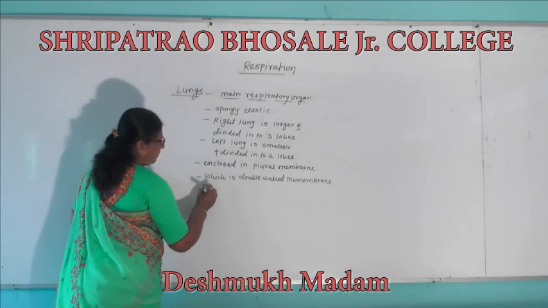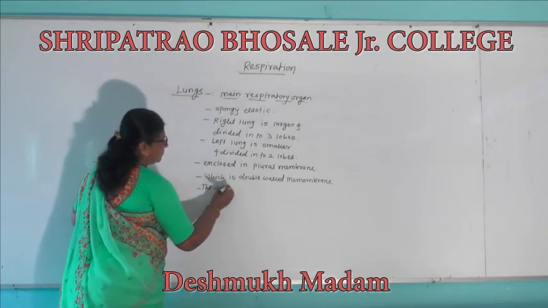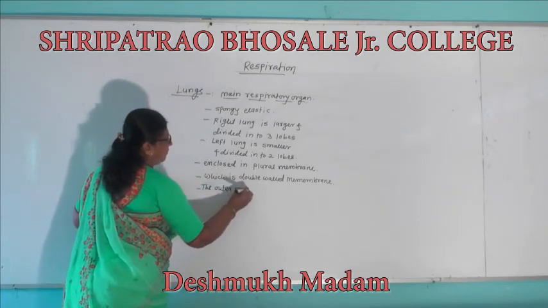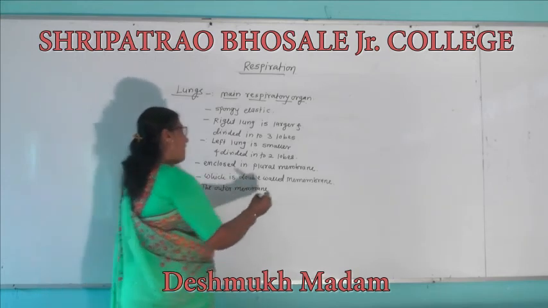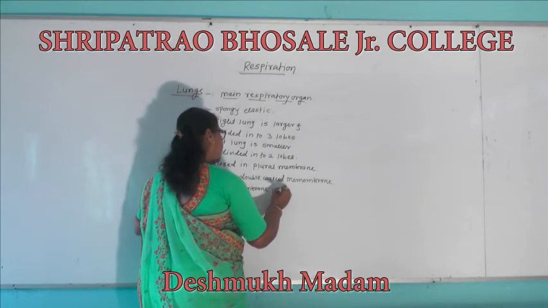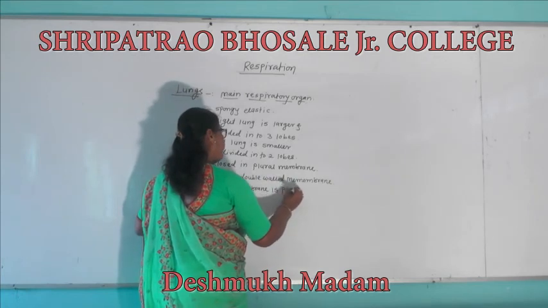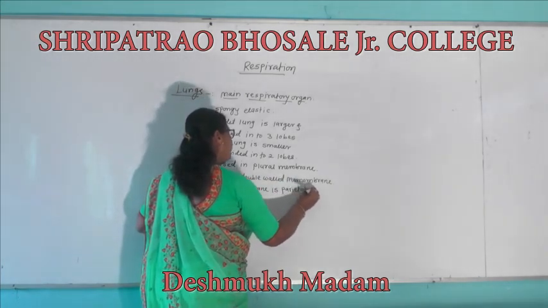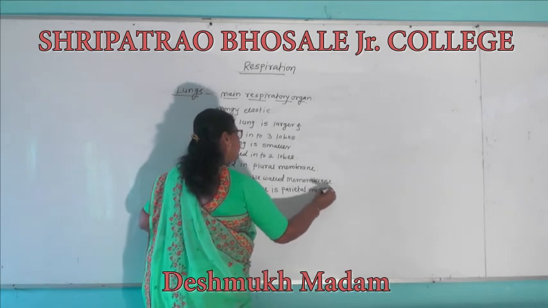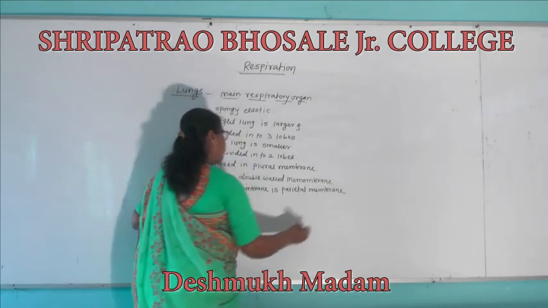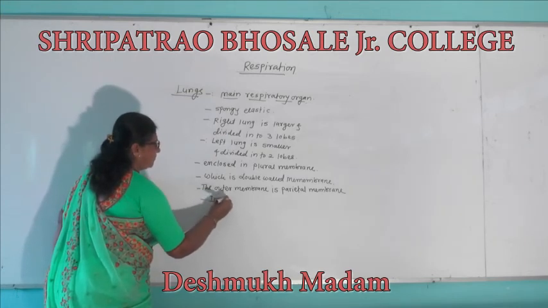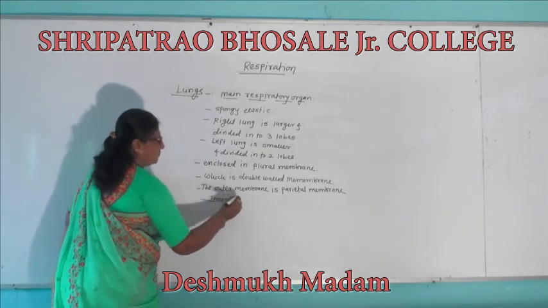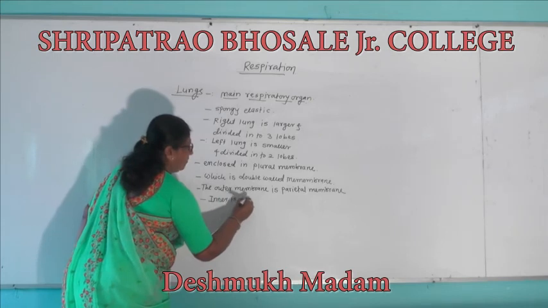The outer membrane is the parietal membrane and the inner is the visceral membrane.